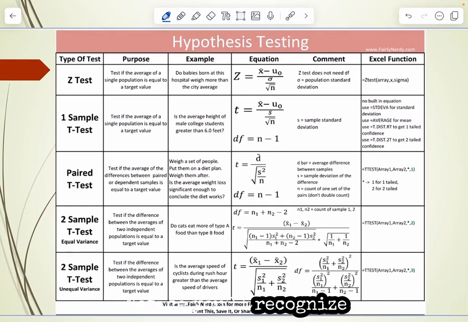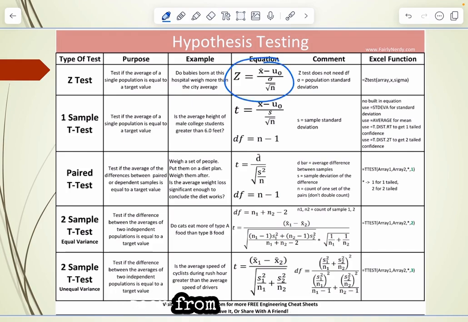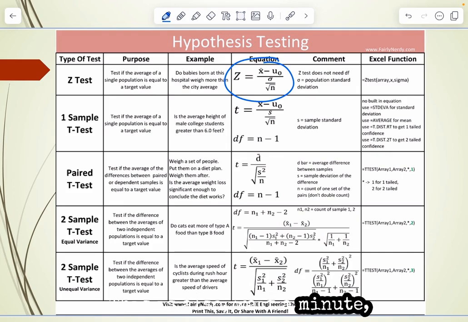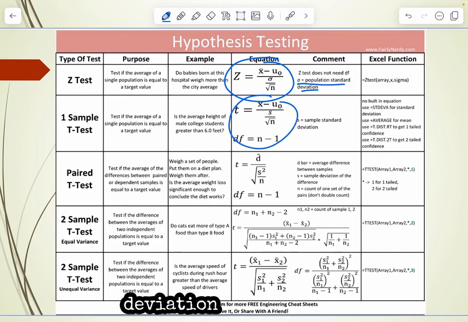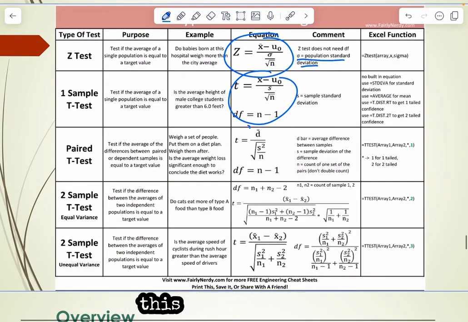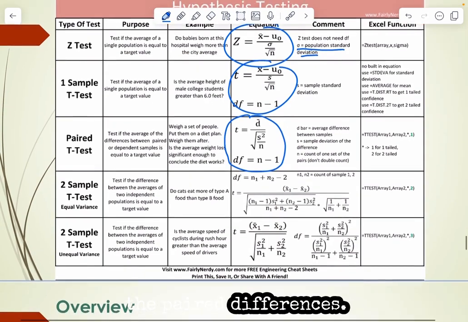Here is a fairly useful table. Notice you'll recognize some of the test statistics that we have already seen. This right here we've seen from chapter 9. Yeah, this is if the standard deviation is known. This one is if the standard deviation is not known. We're going to talk about this one next. That's the paired differences.